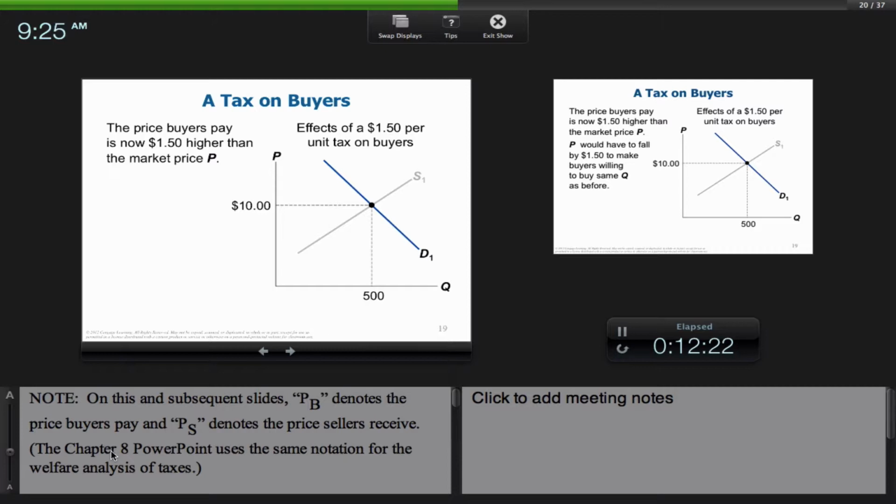Then what happens to quantity? So is there any way with this tax for us to maintain price at $10 and quantity at 500? The answer is no. A tax will always alter market equilibrium.